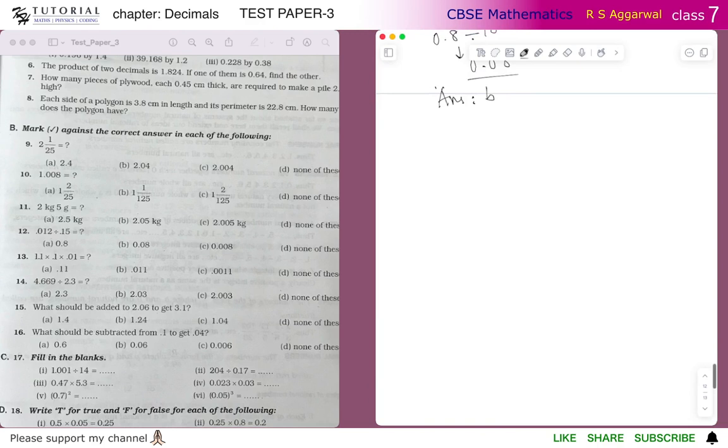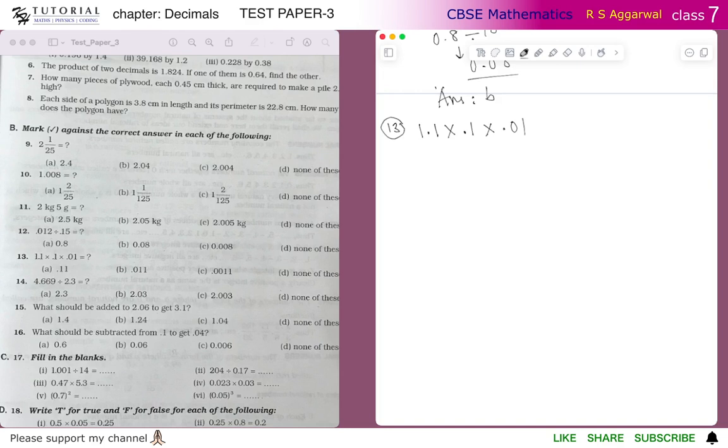Okay, let's do problem number 13. It's asking the product of 1.1 with 0.1 multiplied by 0.01. So it's a product of three decimal numbers. So how do we find the product of multiple decimal numbers?